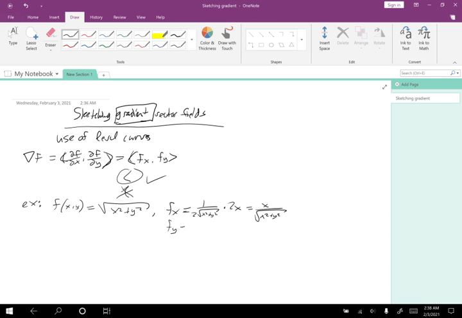And if we do the partial derivative with respect to y, we get something very similar, but we're differentiating y, so we need a 2y. That's the derivative of that inside portion. So we just get y over that square root. So we get the gradient of f is equal to x over the square root, y over the square root.